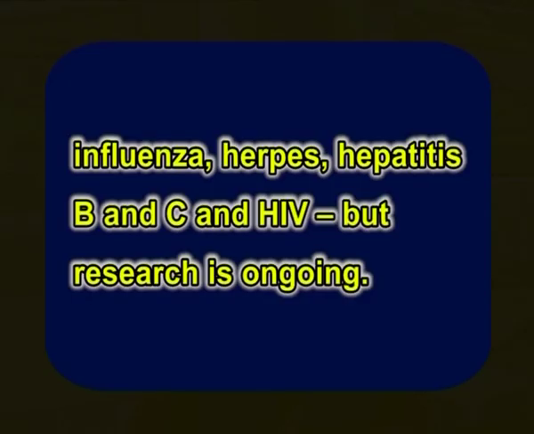So, antiviral drugs work differently to antibiotics by interfering with the viral enzymes instead. Antiviral drugs are currently only effective against a few viral diseases such as influenza, herpes, hepatitis B and C, and HIV. But research is still ongoing.